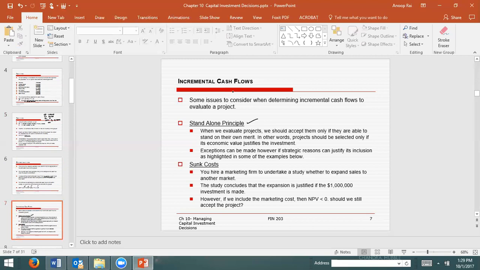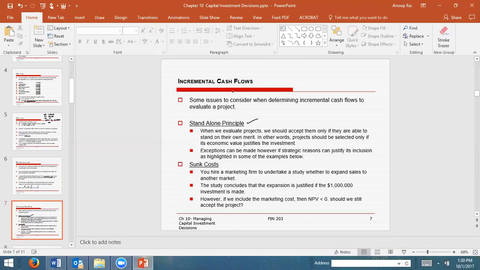This has no strategic implications in here, but there are issues that we need to discuss, and it is called sunk costs. There are many times when we are trying to evaluate a project that we have to put in certain money to even determine its feasibility. Let's say a company is planning to expand into another market.